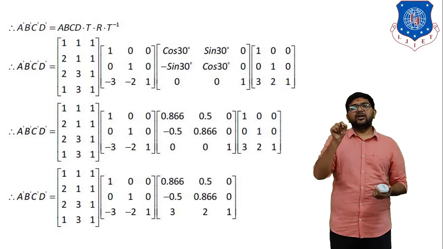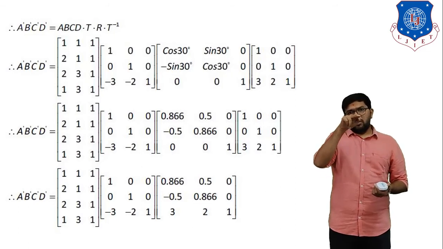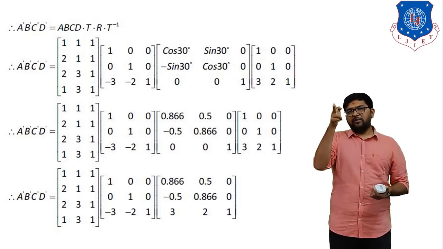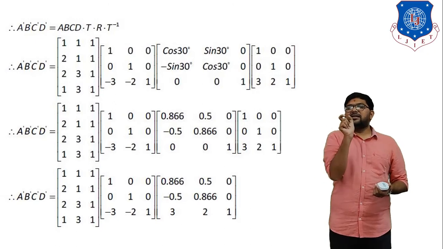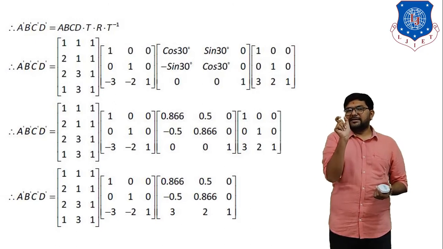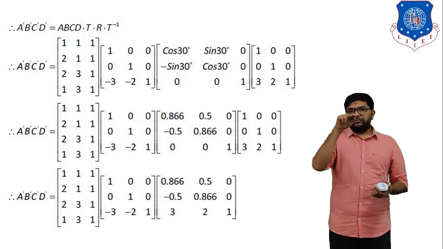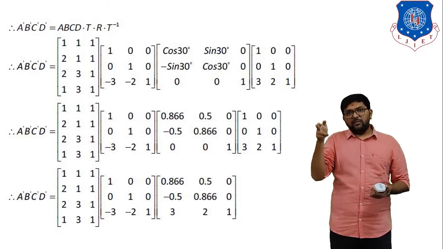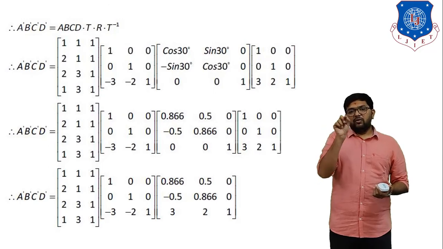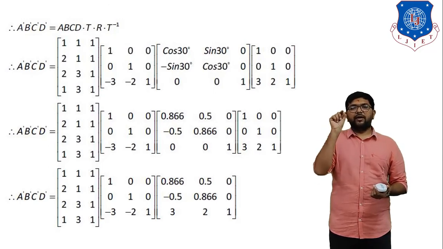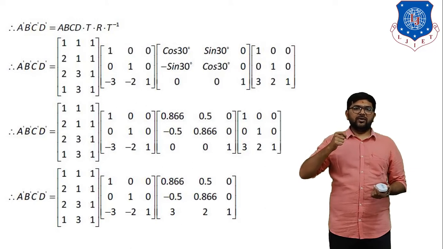This is the multiplication of the first row of the first matrix and the first column of the second matrix, and the answer is 0.866. Now you have to repeat this procedure, first row of the first matrix, second column of the second matrix. So you multiply 0.866 into 0 plus 0.5 into 1 plus 0 into 2. So the answer is 0.5. So write the answer over here, 0.5.